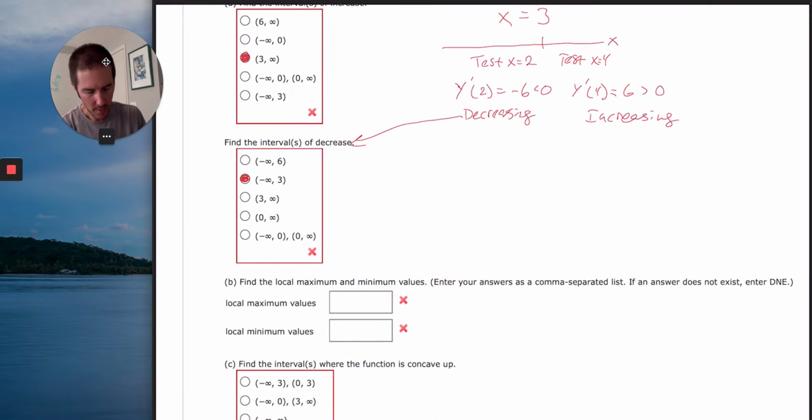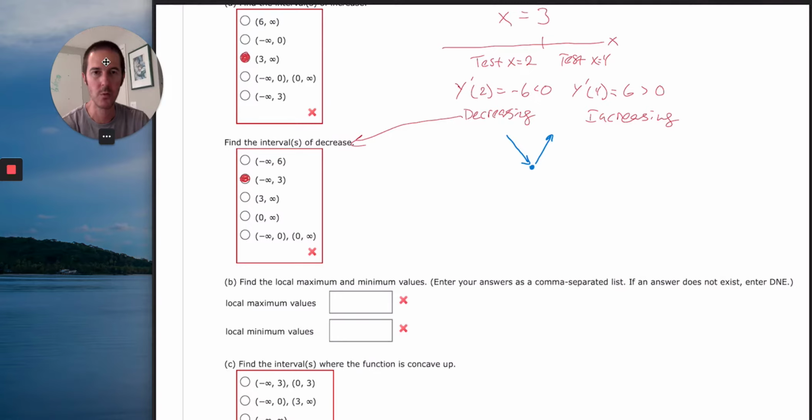Since we're changing from decreasing to increasing, that change in sign of our first derivative indicates that we probably have a local minimum right there. And in this case we do. The only time when maybe you wouldn't is if you had some kind of discontinuity happening there, a hole or an asymptote.